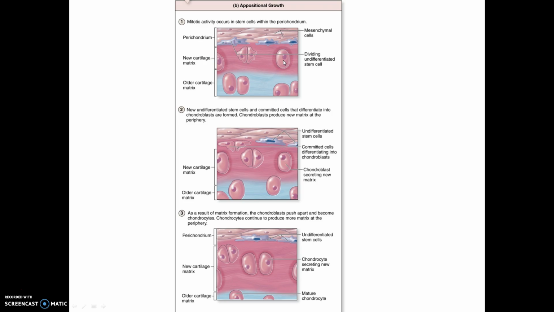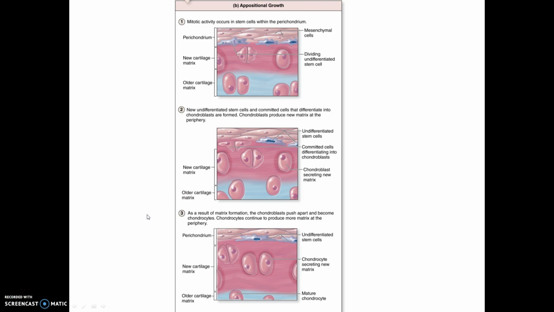Once they develop into chondroblasts, then the chondroblasts start to produce the extracellular matrix that you can see surrounding the chondroblasts. And when they produce enough of it, they'll separate and continue to produce new matrix, but eventually that matrix becomes thick enough that they become entrapped and are then going to become the chondrocytes, as you see in the older cartilage matrix. So this is the growth of cartilage appositionally, again from the perichondrium.